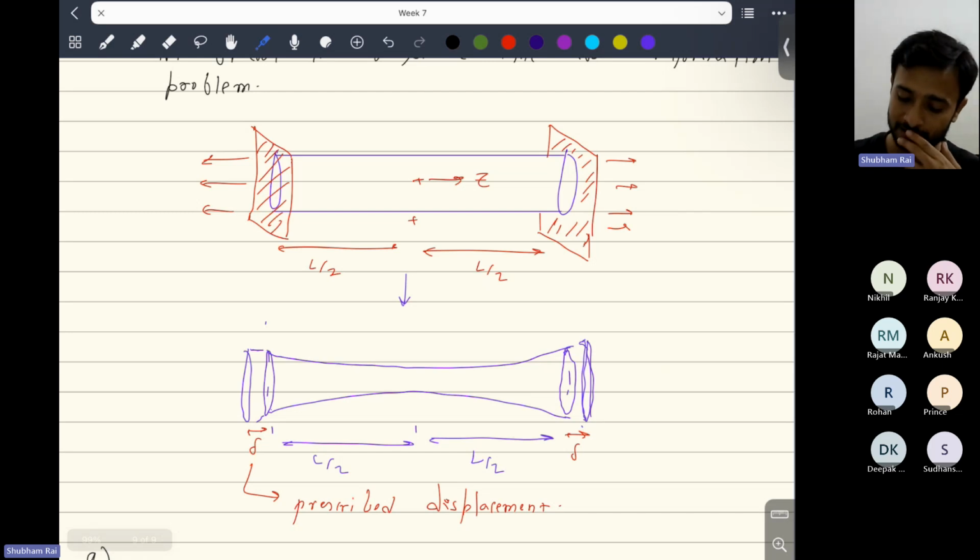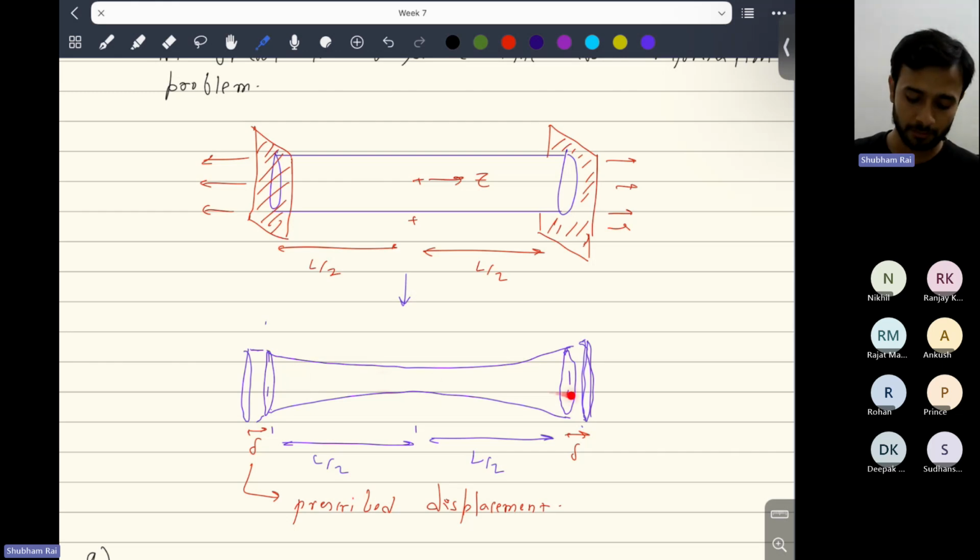So you are able to see that UR will be dependent on Z, right? Because at this point your radial compression is more, and here radial compression is less. So your UR, that is radial deformation, is a function of Z, that is for sure.